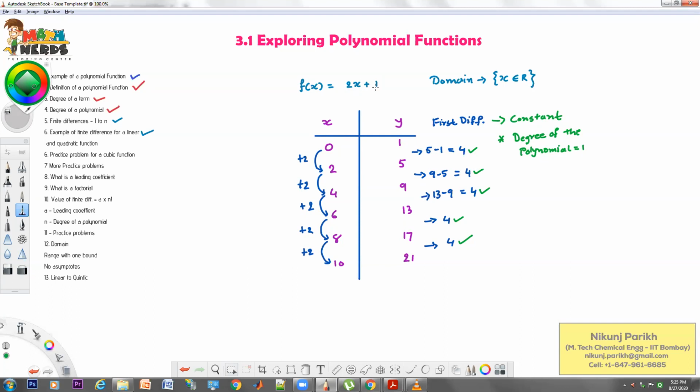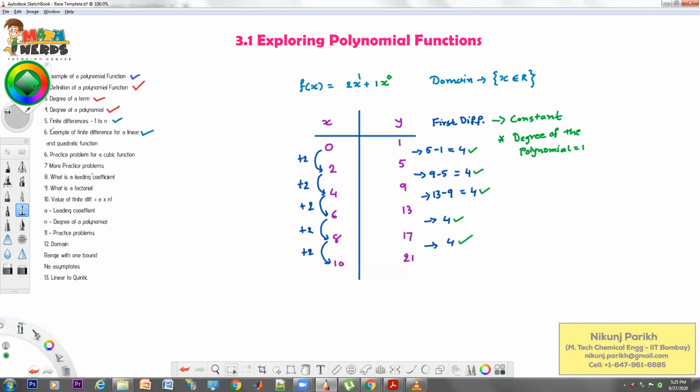The degree of this polynomial is 1, right? X raised to 1 and x raised to 0. So the highest degree of this polynomial is 1. And this I can verify by finding the first difference and checking if the first difference is constant or not, which is constant in this case, 4, right?